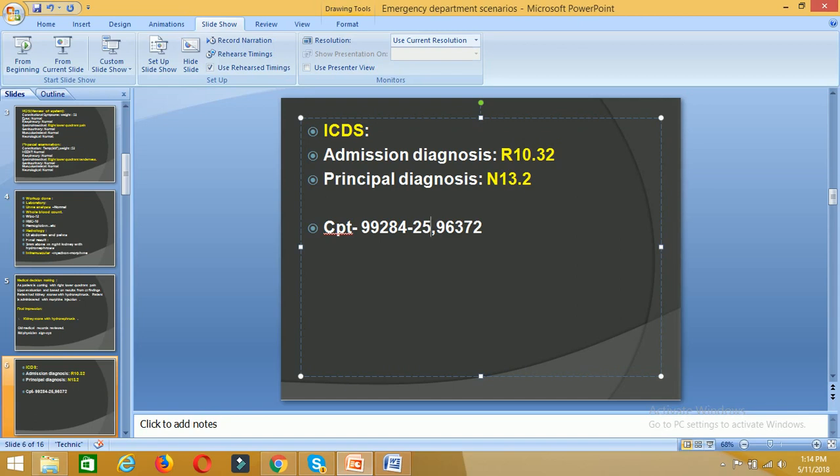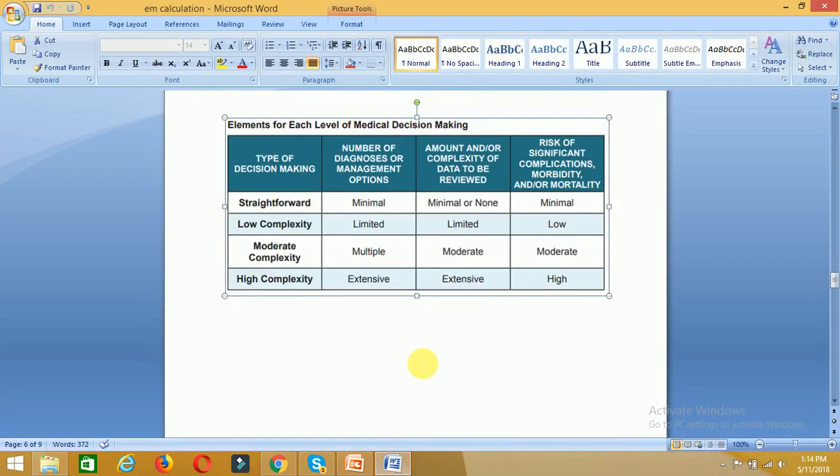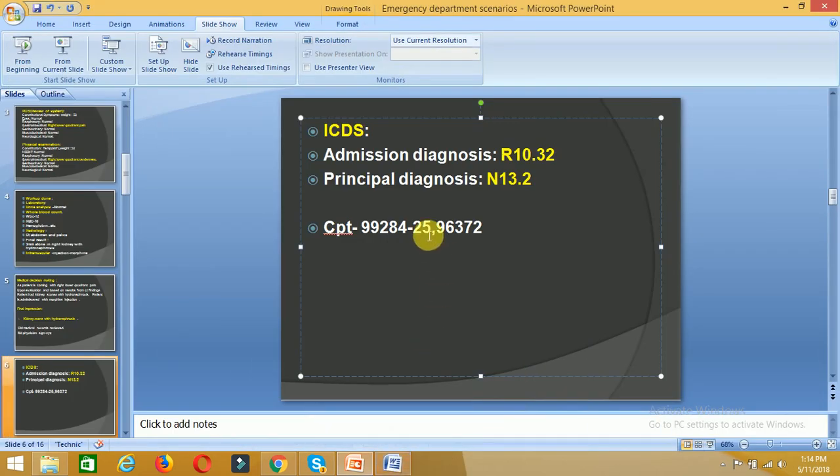So overall I have given the ENM service CPT, that is 99284, according to the ENM table which I have explained here. Next, coming to the modifier, the workup done to the patient, and the workup done CPT 96372. This completes the CPT, modifier and workup done CPT, and in the previous session I explained the ICDs also. This completes the whole chart.